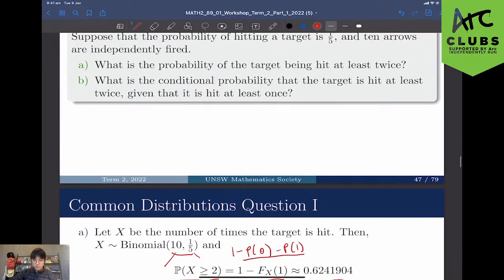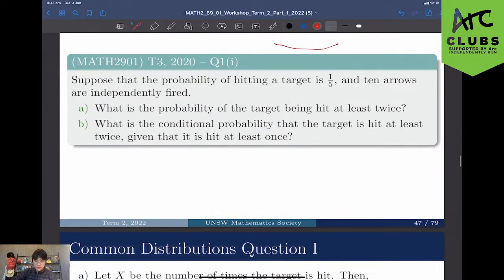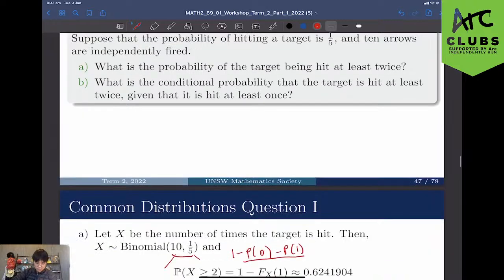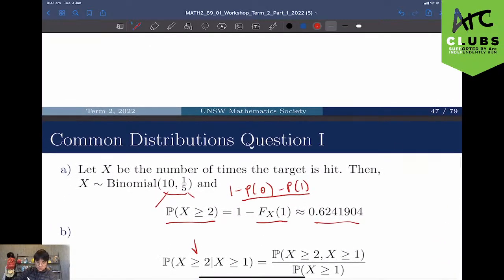And what is the conditional probability that the target is hit at least twice, given that it is hit at least once? So this is pretty similar to the conditional probability questions we've done before. So the probability that we hit it at least twice, given that we hit it at least once, well, that's just going to be the probability that this happens over the probability that x is larger or equal to 1.